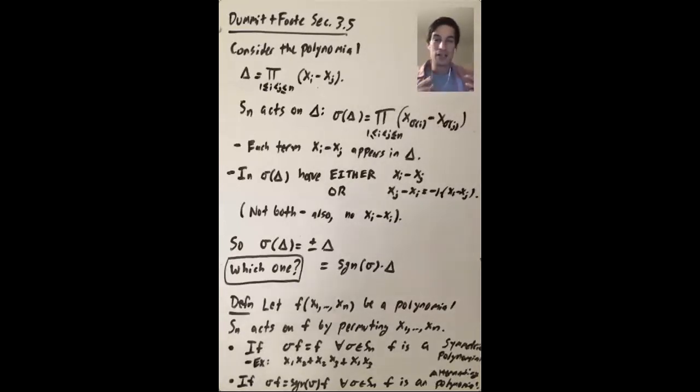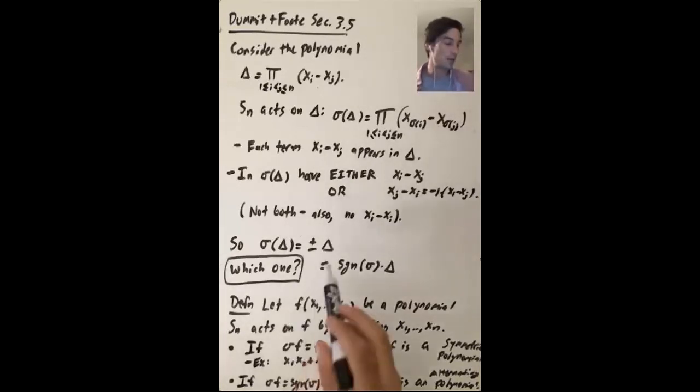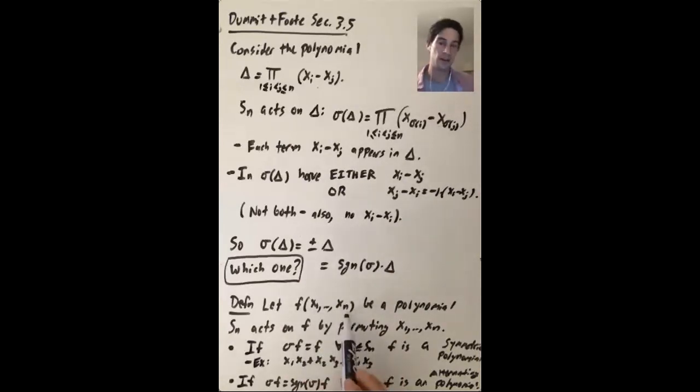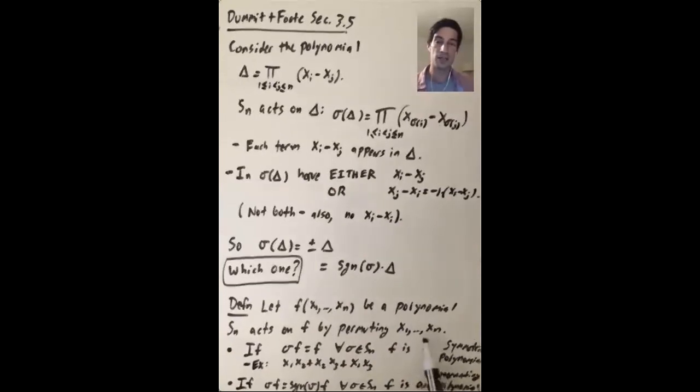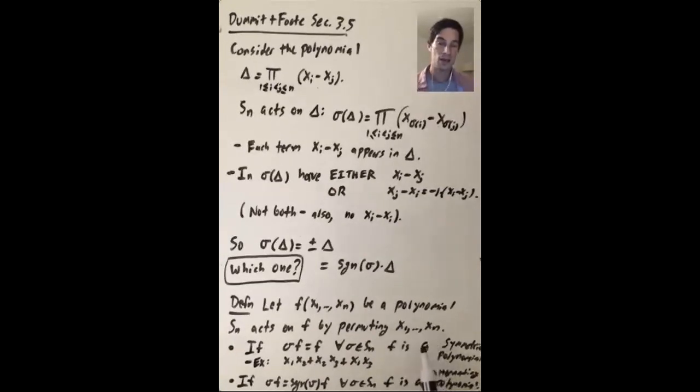So I just want to close by saying that a polynomial like delta gets a special name. If you have a polynomial in n variables, Sn acts on it by permuting these variables, x1 through xn. So if you have a polynomial f where you apply any one of these permutations and you get back f, so for all sigma in Sn, sigma f is equal to f, it is called a symmetric polynomial.